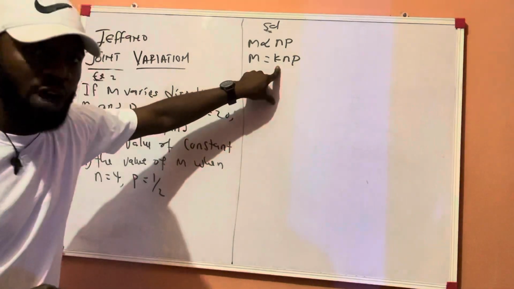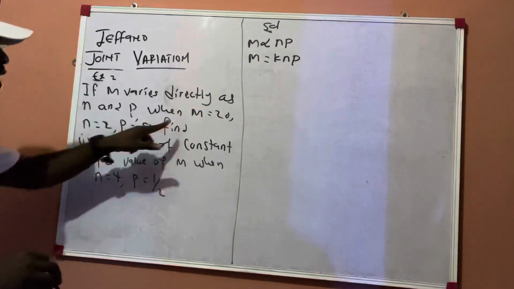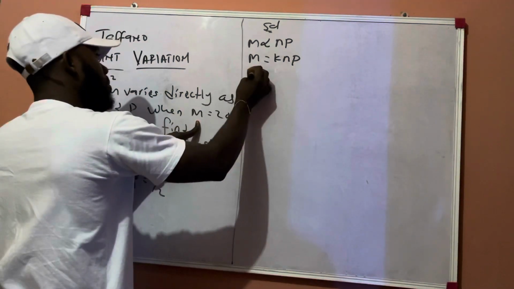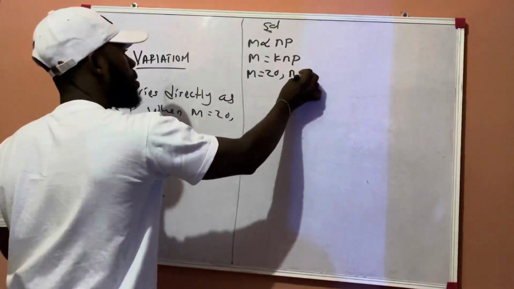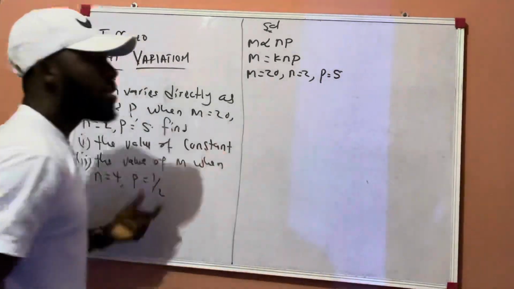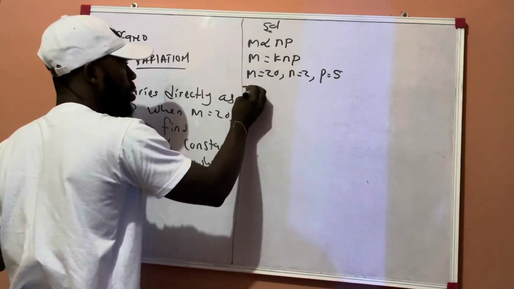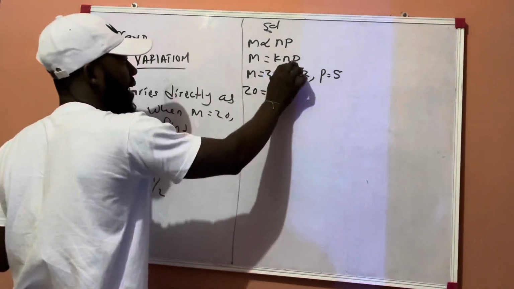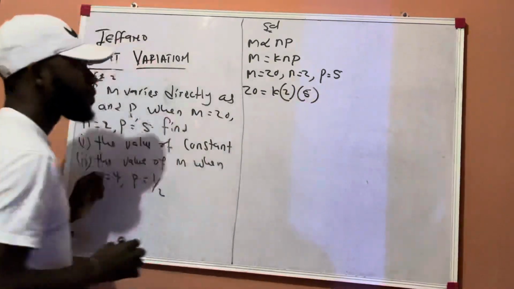And how do we get the value of our constant? By using the values of these 3 variables. Now, in the question given, M was 20, N 2, P 5. Now, substituting these values, we have this. M now is 20, is equal to K bracket, N is 2, and P is 5.